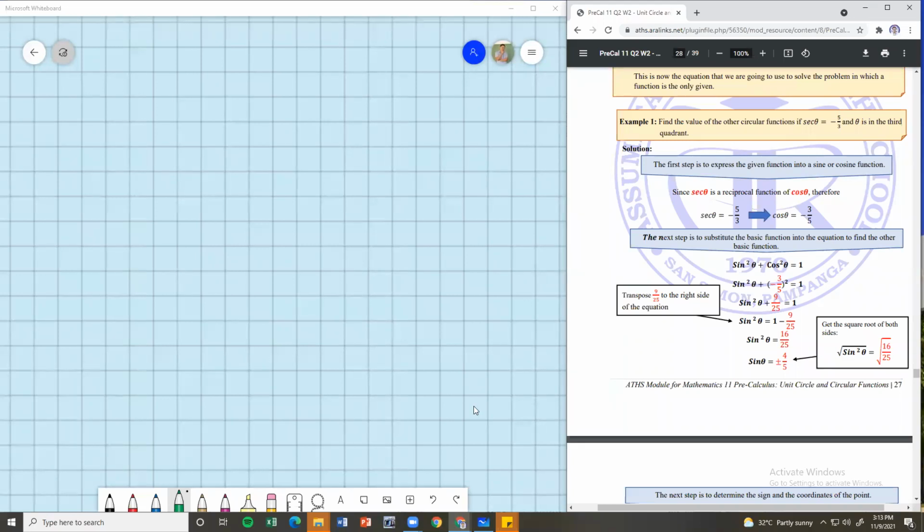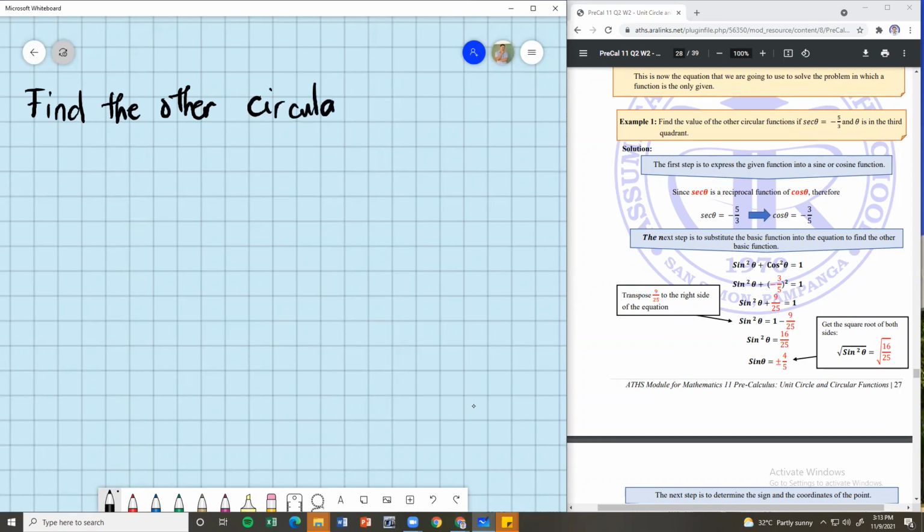If, for example, find, dito naman, meron ka ng isang circular function, just find the rest. Find the other circular functions.